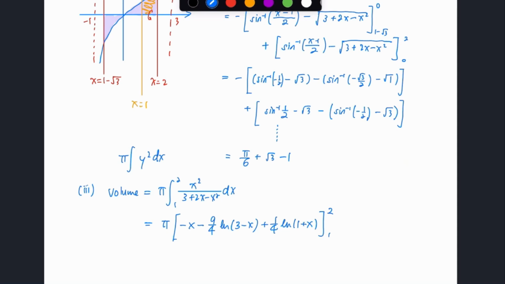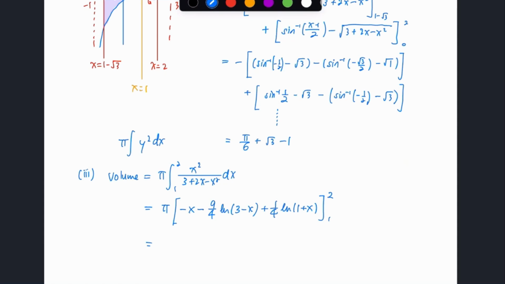So you just sub in slowly. This will be ln 1, so this will be 0.